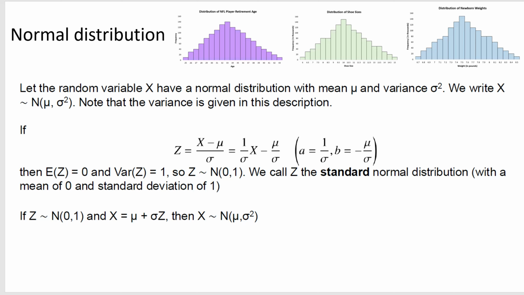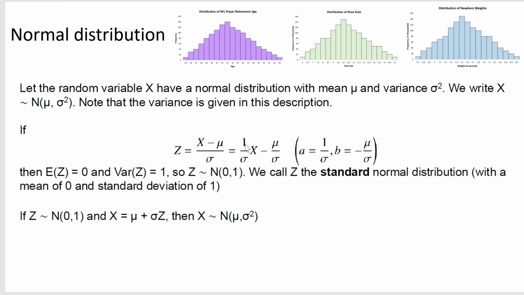Now you recall we studied the z-score, which is the value of x minus the mean divided by the standard deviation. Or you divide x by the standard deviation, mu divided by the standard deviation. So z is a function of a and b.